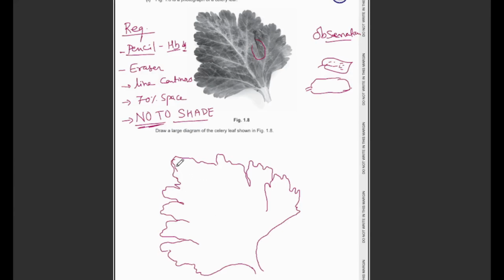Overlapping you should not do, avoid this overlapping. Okay, no shading at all. So I'll just erase this part. My bad, I have done everything, it goes back.